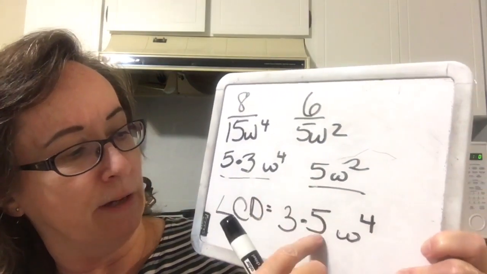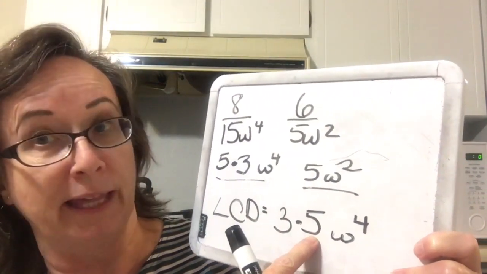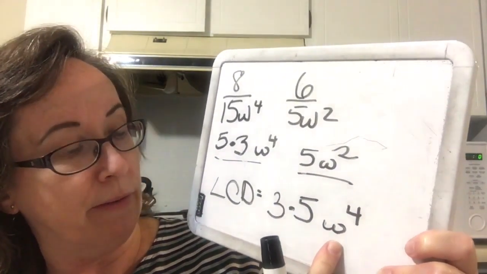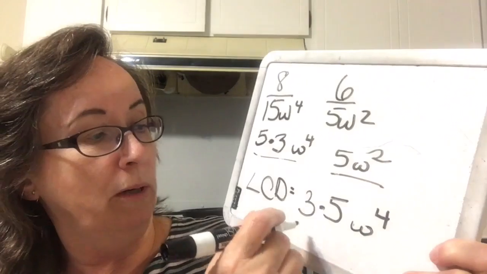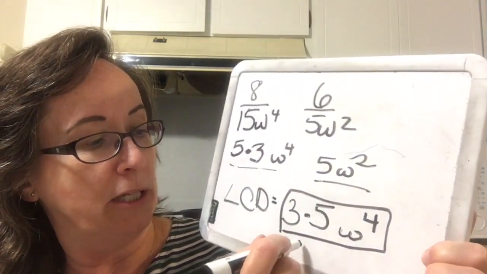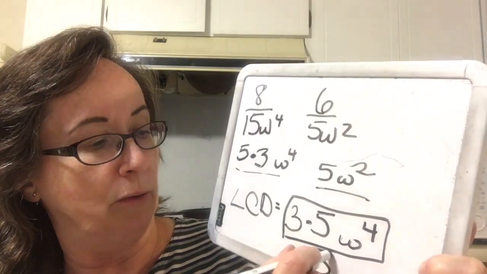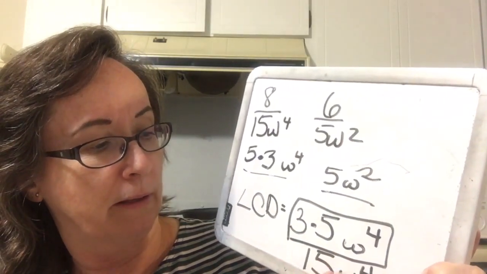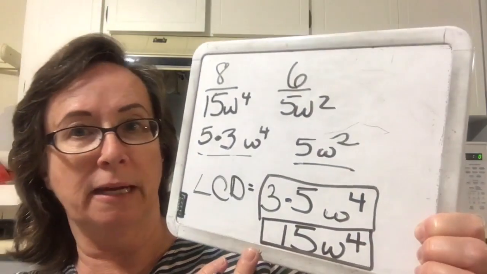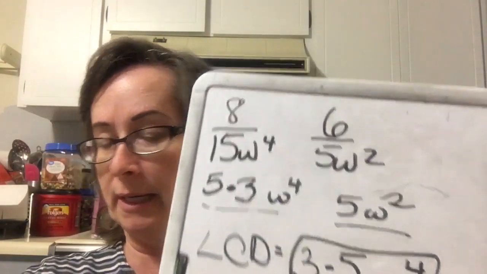Now, 5 goes into the 5 that's already there. They can share, and w squared is inside w to the 4th. So this is my least common denominator, which is 15w to the 4th. So 15w to the 4th is the smallest denominator, and we're done with that one.